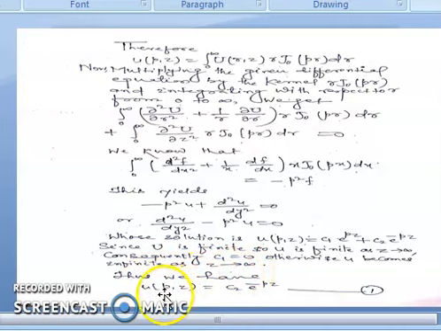Thus we have u bar of p, z equal to c2 e to the power minus pz. This is equation 1, because the c1 term becomes 0.